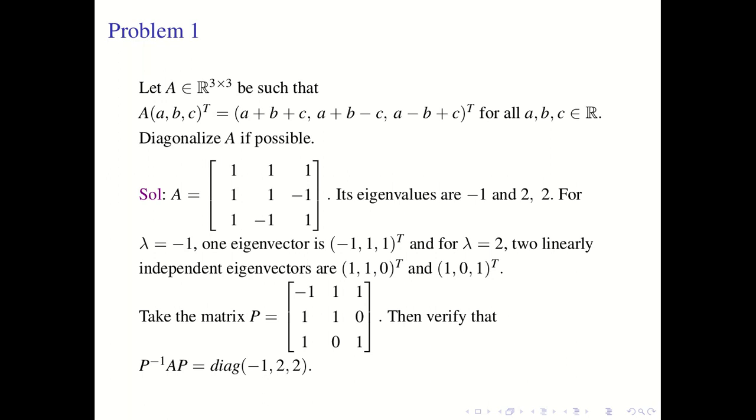This you should verify. You should take that matrix, find the inverse, and then verify that P inverse AP is diagonal (2, -1, 2). So this matrix is diagonalizable, and we have obtained a matrix P such that P inverse AP is diagonal.